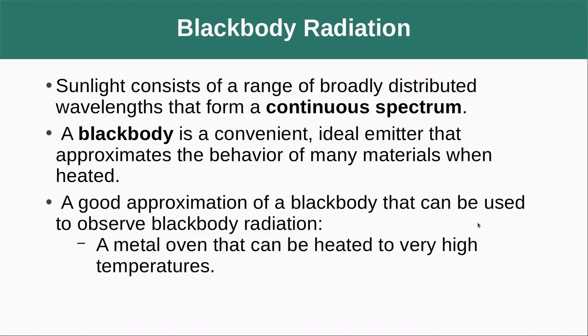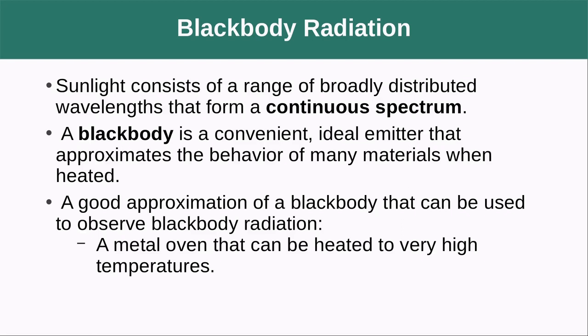Black body radiation. So I'm going to mysteriously state that sunlight consists of a range of broadly distributed wavelengths that form a continuous spectrum. So we have a continuous spectrum coming from sunlight. A black body is a convenient, ideal emitter that approximates the behavior of many materials when heated.